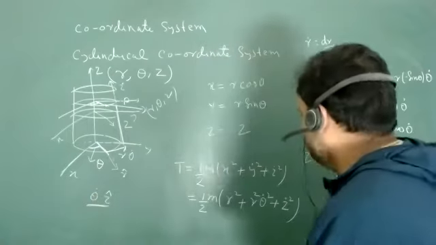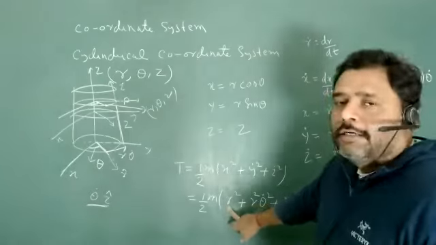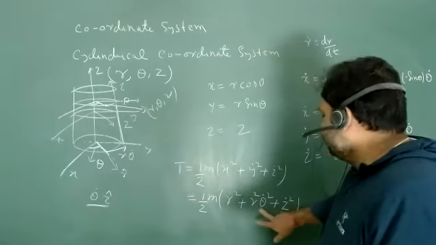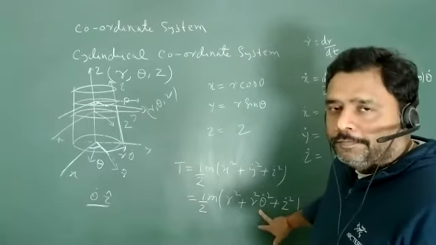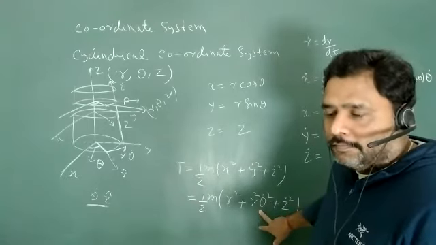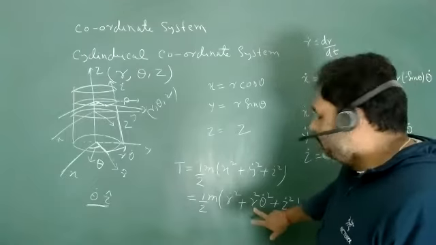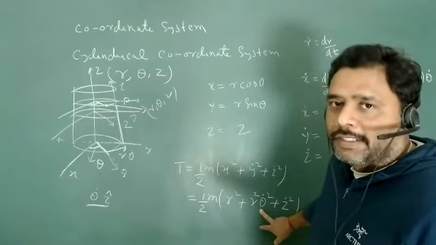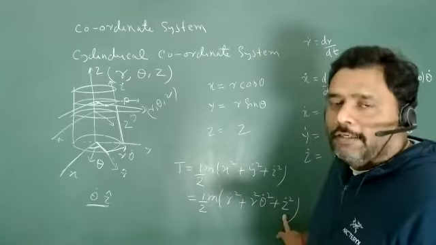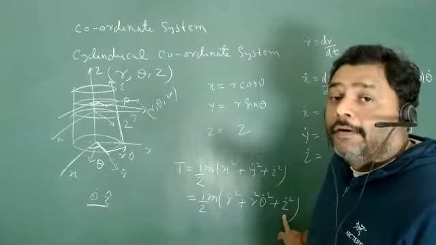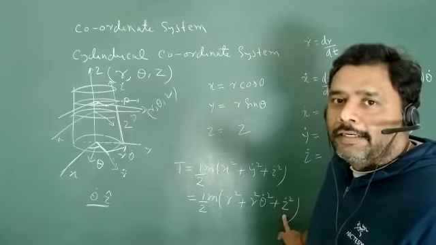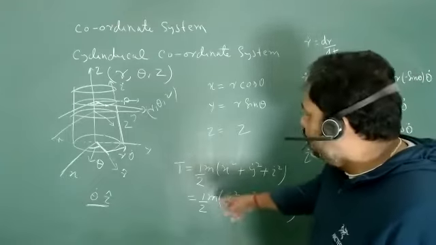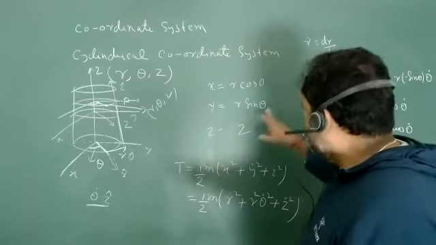And now look here. R dot has dimension of meter per second. What is the dimension of r theta dot? Same thing, meter per second. But what is your generalized coordinate? Your generalized coordinate is not r theta dot. Your generalized coordinates are r, theta, and z.